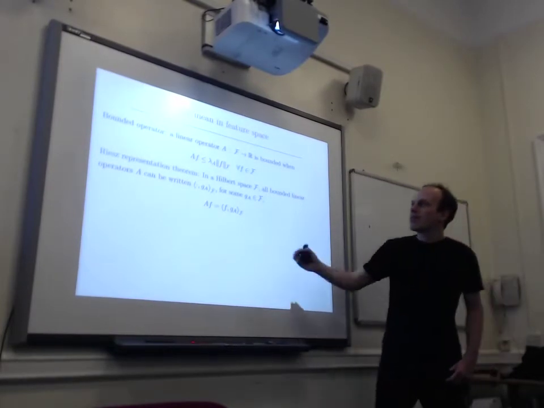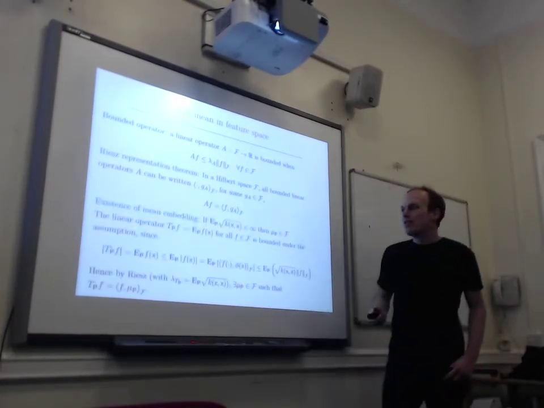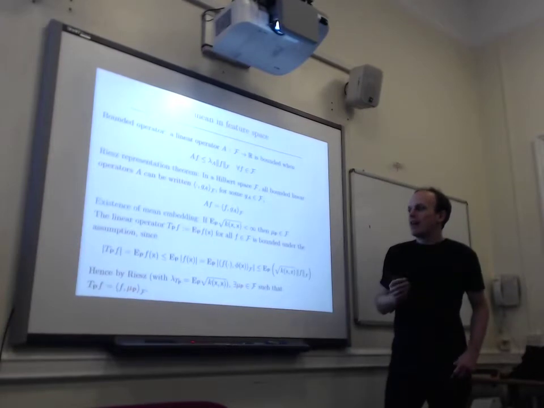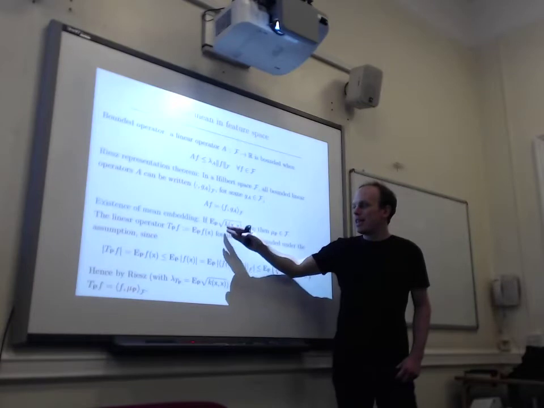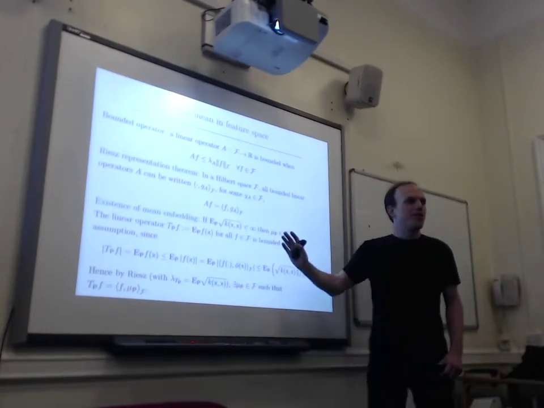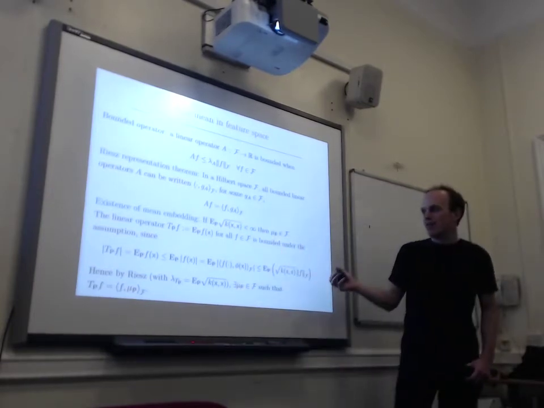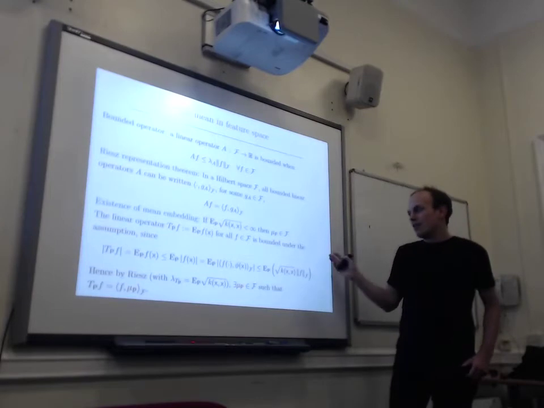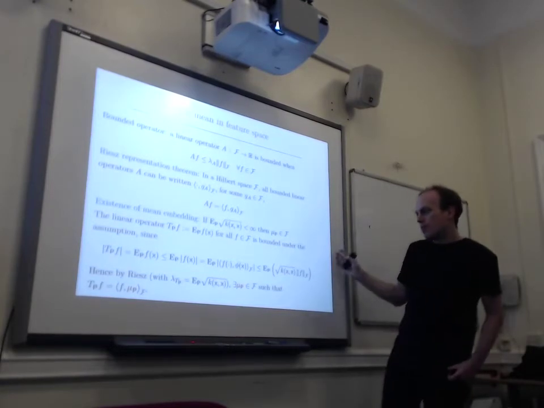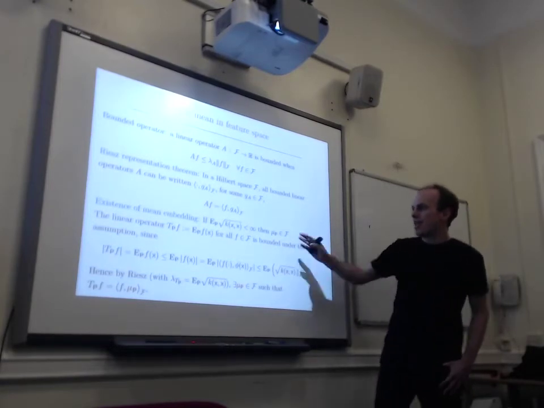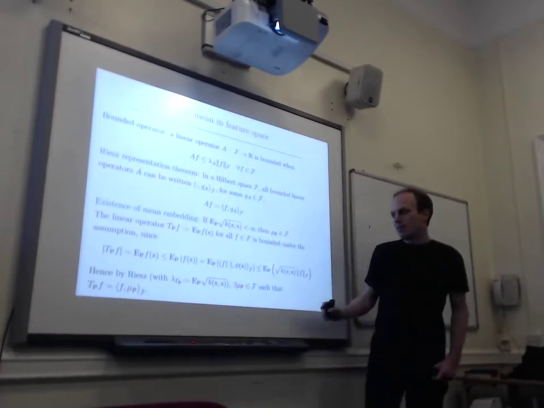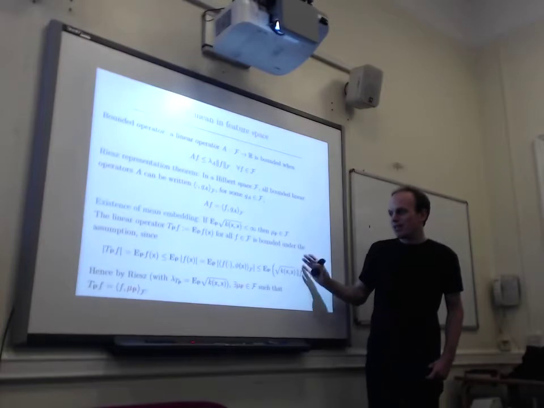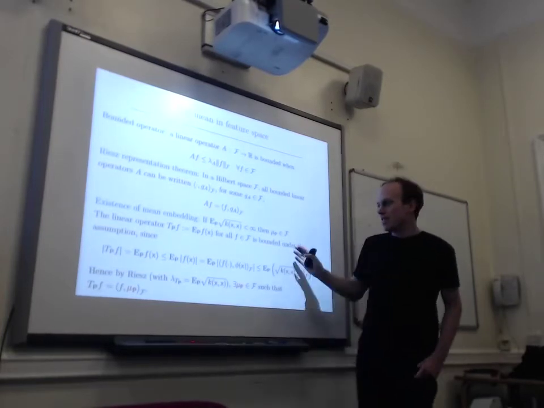So can we show that this is true? So it turns out that this holds for the expectation as long as the expectation of the square root of the kernel is less than infinity, okay? The reason for this is that we want to say that if this is true, then the expectation operator is bounded. So let's show why this is the case.